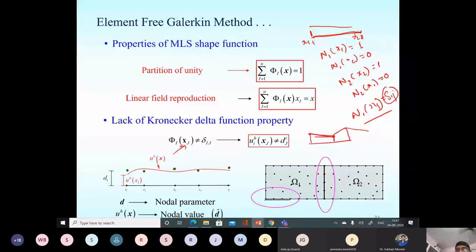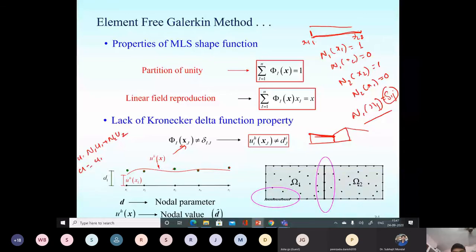It doesn't happen here. In FEM, N1 u1 plus N2 u2 is my approximation. If you pass x1, then I will get u equal to u1, because N1 equals 1 and N2 equals 0. But that doesn't happen here in meshless.